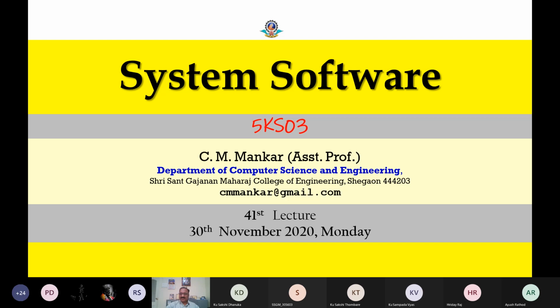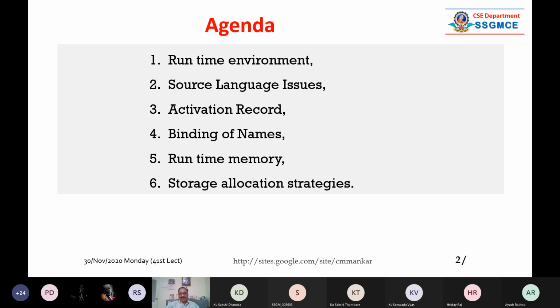So let us go ahead. We shall go through some theoretical concepts, and I will show an example of an activation record. So this is the agenda. First, we try to understand what exactly the runtime environment is. I will give you the definition of that. Then we shall understand the structure of the image of the executable program.